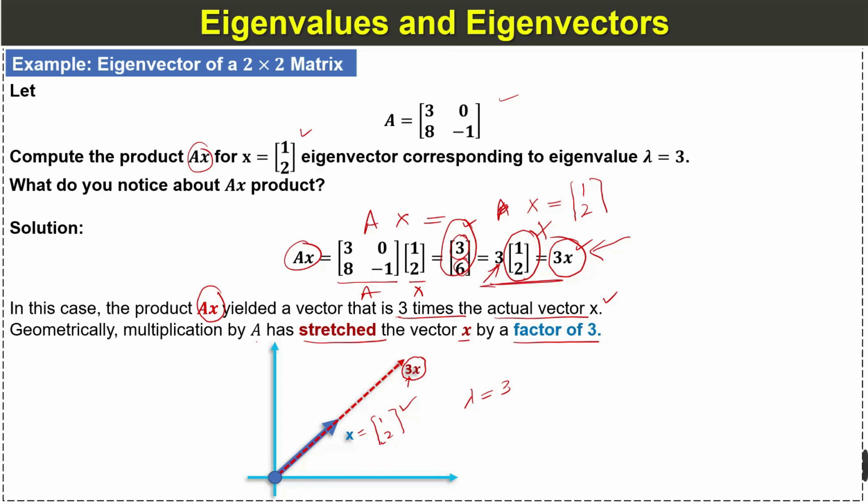This is the graphical representation of eigenvalues and eigenvectors, showing what happens when we apply this operation to the vector x, which equals some scalar lambda times x.